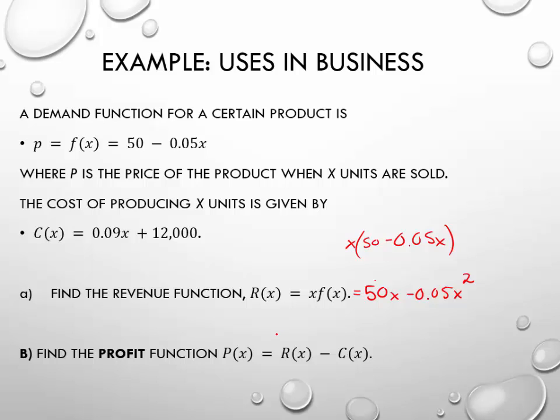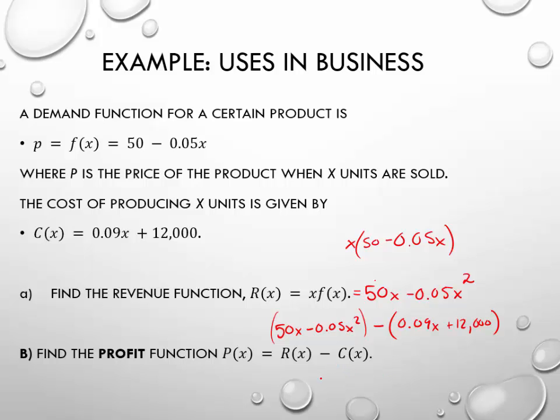The revenue was 50x minus 0.05x squared, minus the cost function, which is 0.09x plus 12,000. And we probably need to simplify this a little bit.